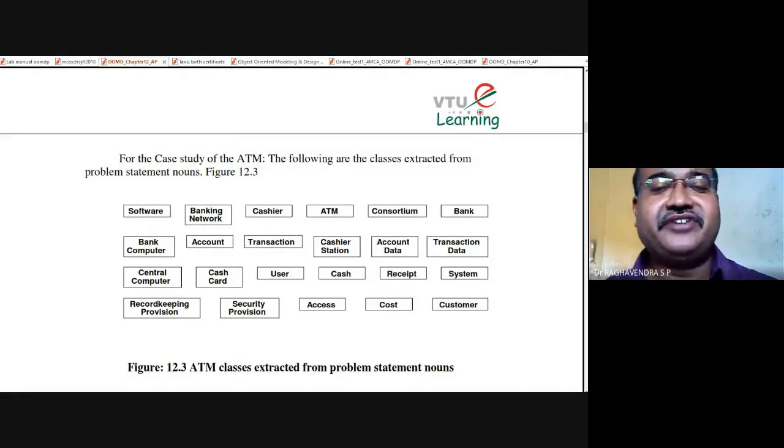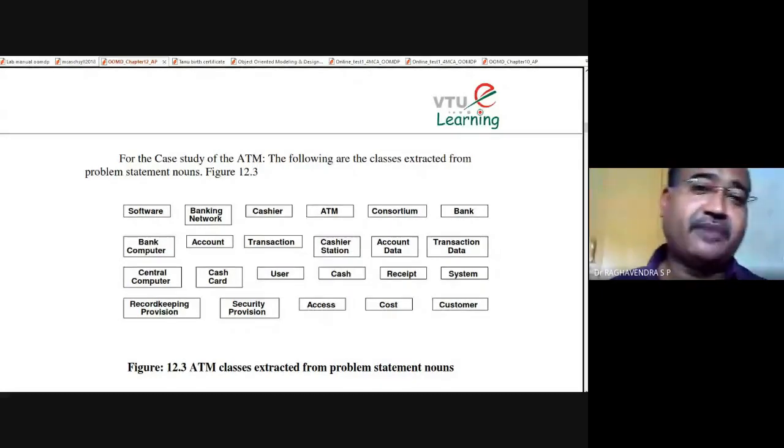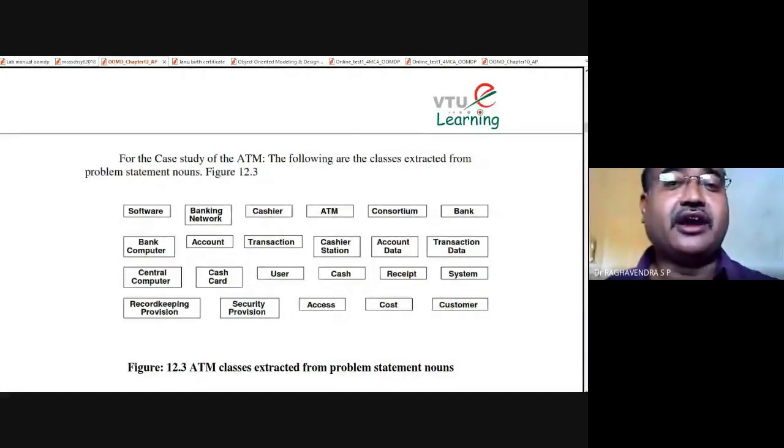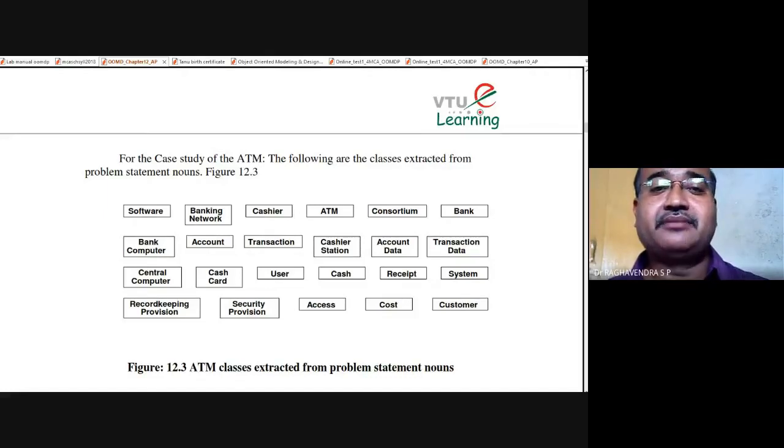So this is what we took yesterday, a case study on ATM. These are some of the classes extracted from the problem statement, from the perspective of common nouns: software, banking network, cashier, ATM, consortium, bank computer, account, transaction, cashier station, account data, transaction data, central computer, cash card, user, cash, receipt, system, record keeping provision, security provision, access, cost, customer.